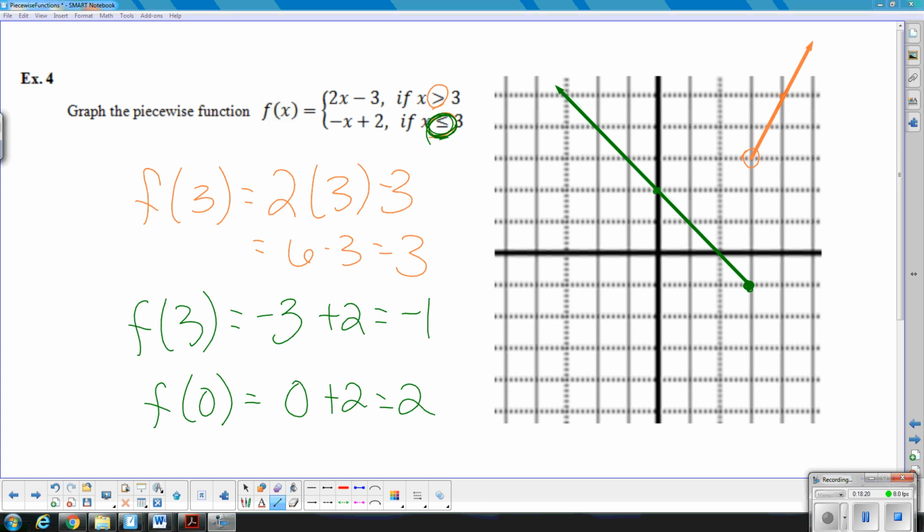You could have also chosen to use the slope. In this case, our slope is negative 1, so we'll go up 1 unit and to the left 1 unit. So this is always going to be true when x is less than or equal to 3. But the equation negative x plus 2 equals our function, or our y.